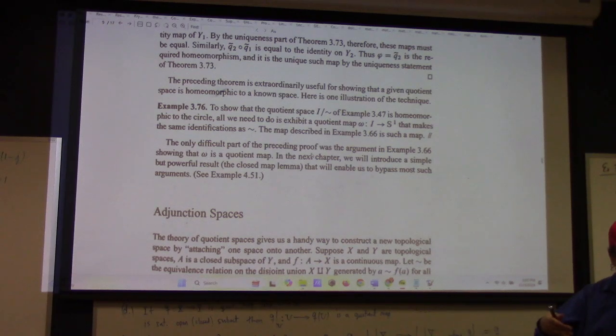That is a quotient map from I to S1, where you're making the same identifications in I as is done in 3.47. Therefore, it means that this quotient space is homeomorphic to the circle. So now that's how it's proved. I mean, there are other ways, but that is a way.